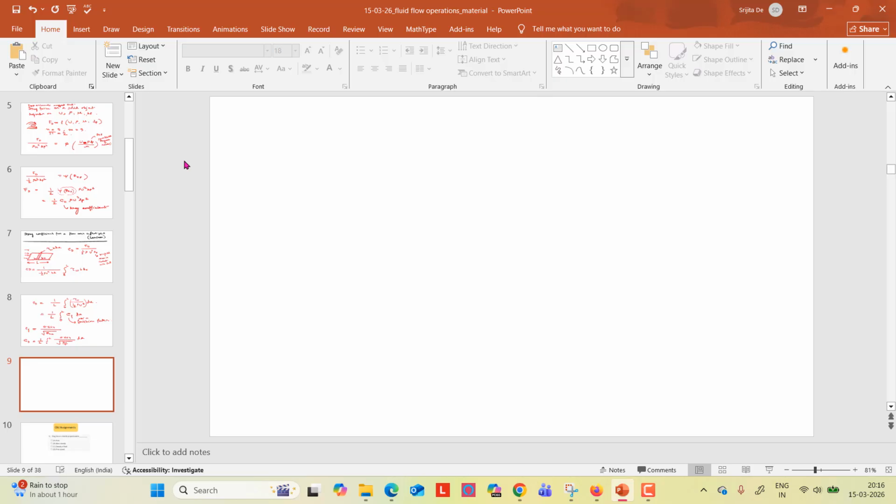Now, if you integrate it, CD will be 1 by L, and this term is constant, 0.664 by (U by nu) to the power half, and x to the power minus half plus 1, that is half, integrated over 0 to L. So what is coming?